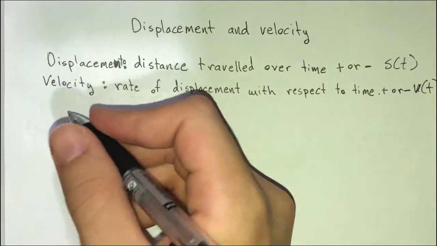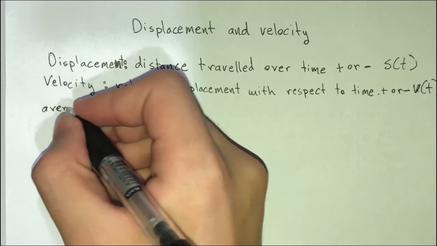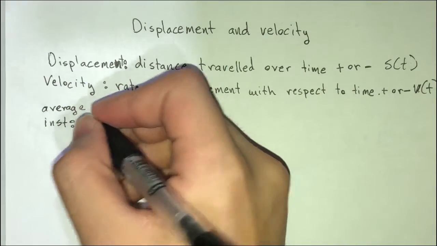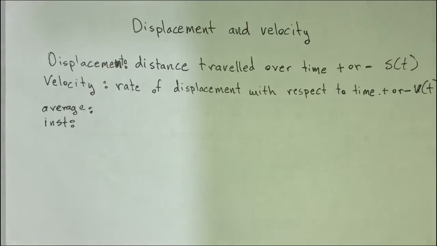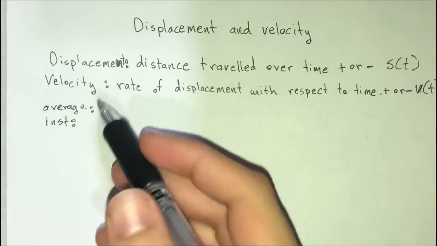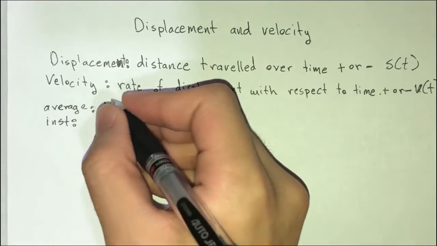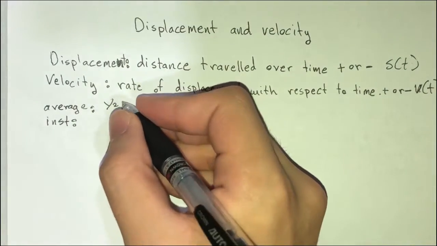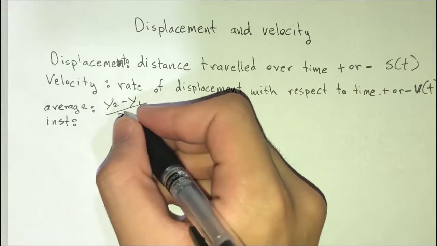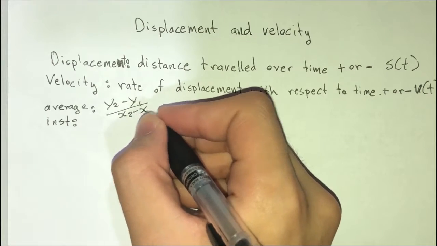Now, there are two types of velocity: average velocity and instantaneous velocity. So, going back to the review which I posted in my previous video, average rate of change is found just the exact same way as average velocity, y2 minus y1 over x2 minus x1.